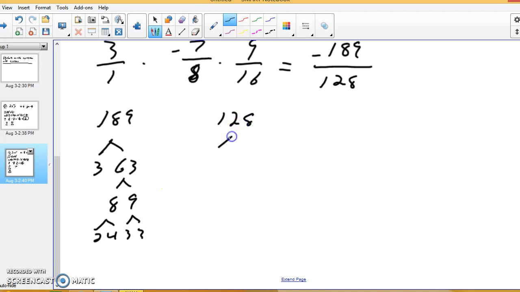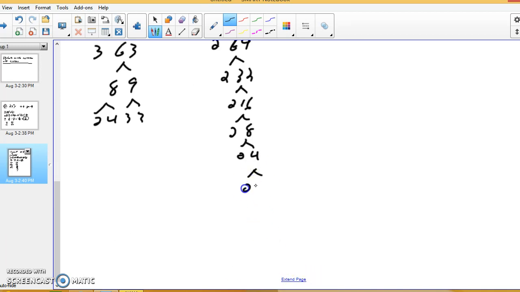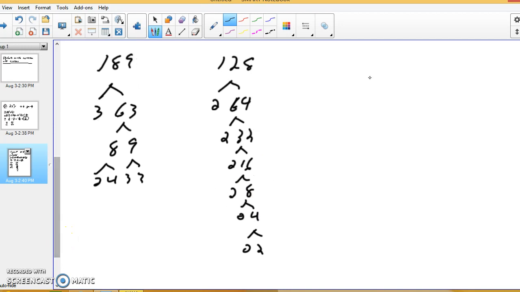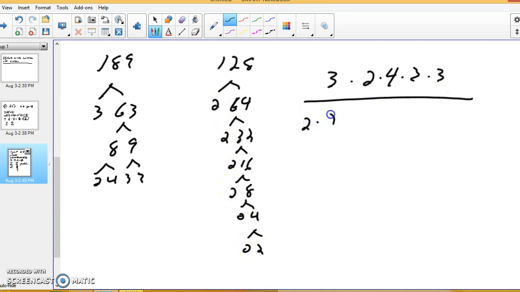Then 128, we have a 2 and 64, which is a 2 and 32, 2 and 16, 2 and 8, 2 and 4, and then 2 and 2. So the top is equal to 3 multiplied by 2 multiplied by 4 multiplied by 3 multiplied by 3, over seven 2's.